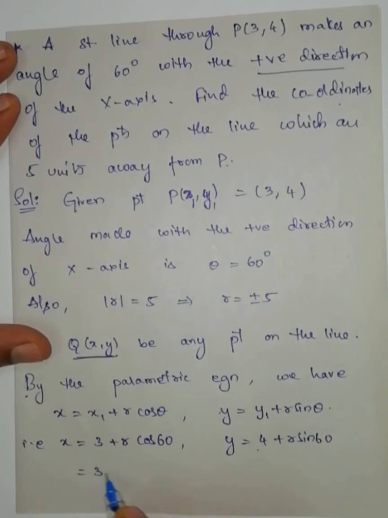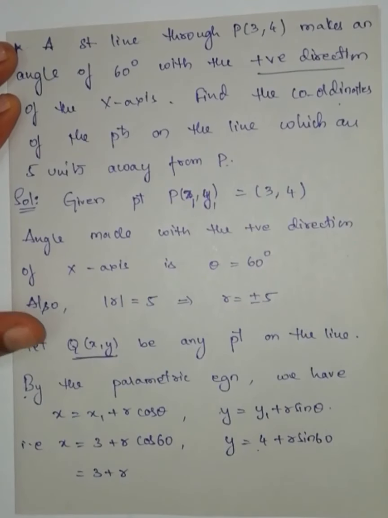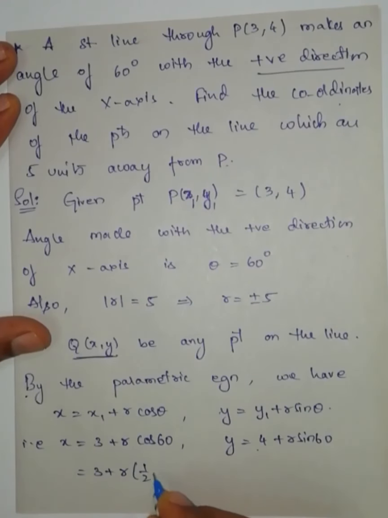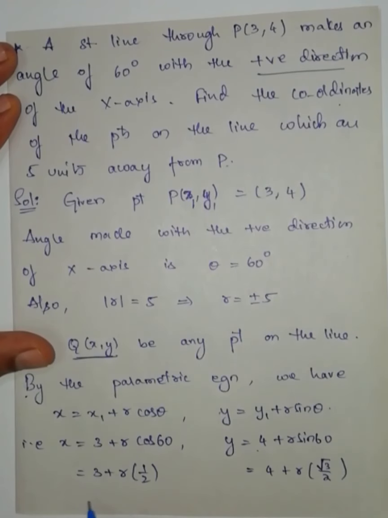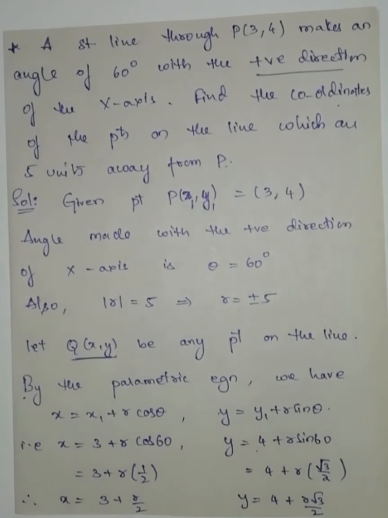Now cos 60 value is 1 by 2 and sin 60 value is root 3 by 2. This implies x is equal to 3 plus r by 2 and y is equal to 4 plus r root 3 by 2.